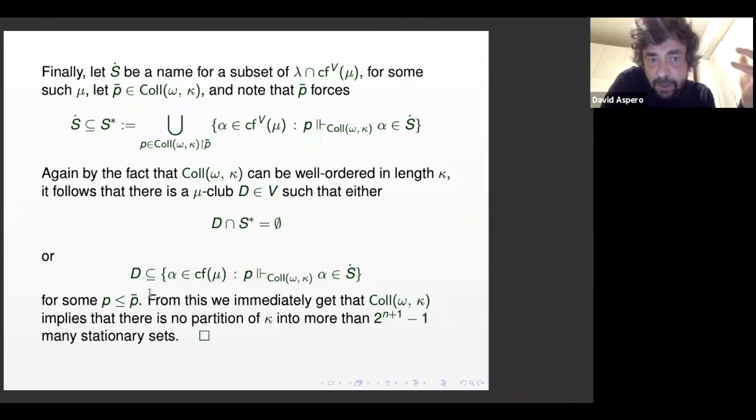Because we have a small number of such conditions. So from this, we immediately get that the collapse implies that there's no partition of kappa into more than these many stationary sets. Okay.